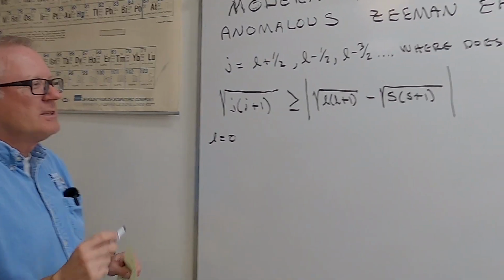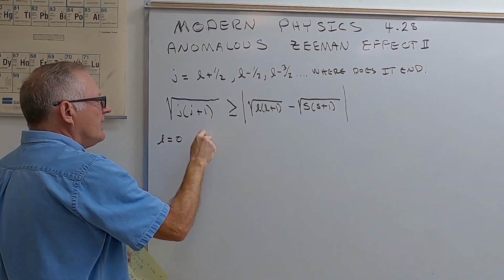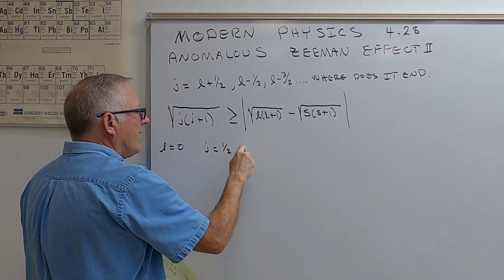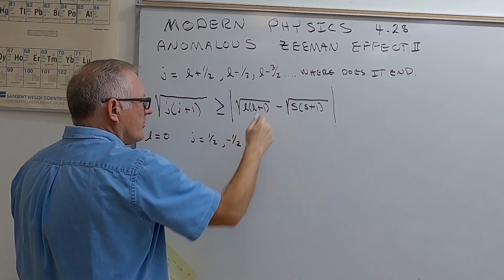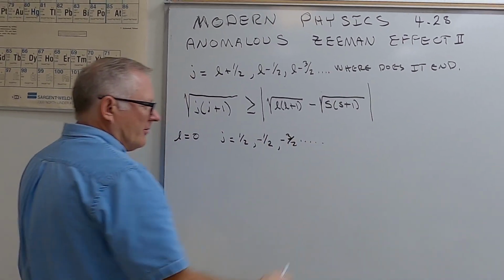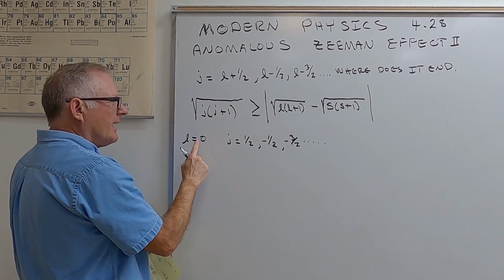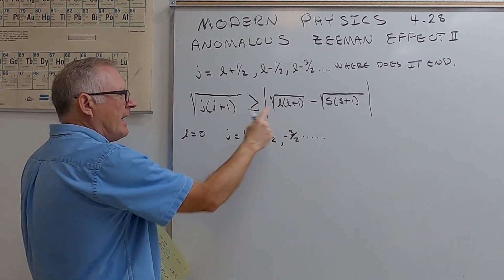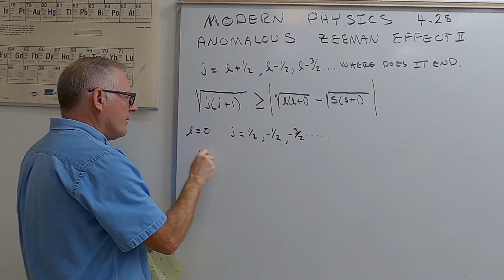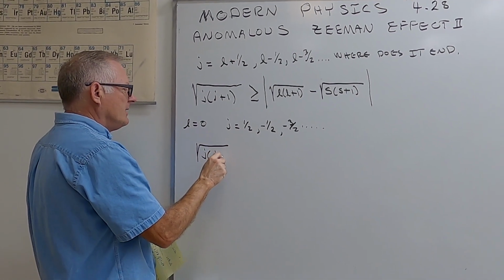For L equal to 0, that means that J can be 1/2, minus 1/2, minus 3/2, and so on. We don't know how far it goes, but we'll get that from right here. Now if we plug in what L is, and we know what S is, 1/2, we get the square root of J times J plus 1.